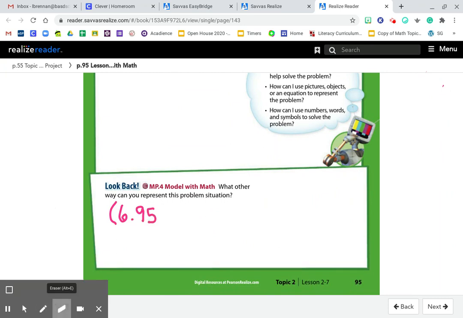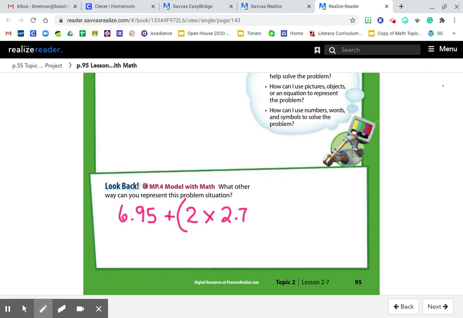If you want to get fancy here, which you can, we can say $6.95 plus 2 times $2.75 equals, what does it equal? $12.55.